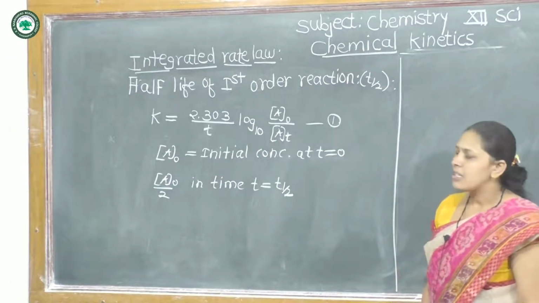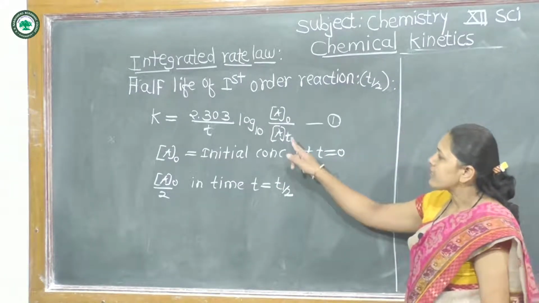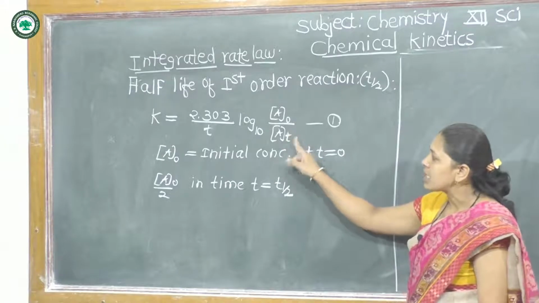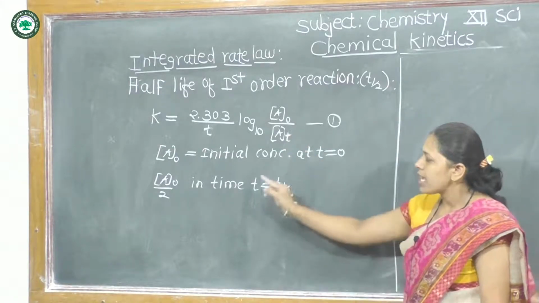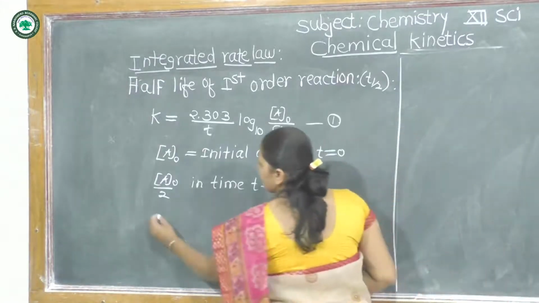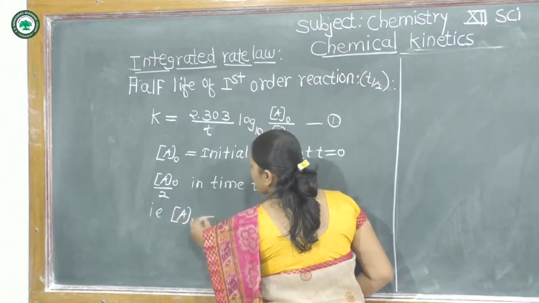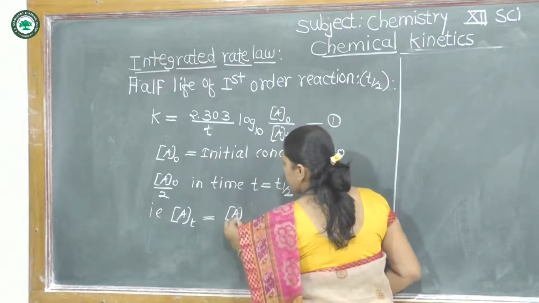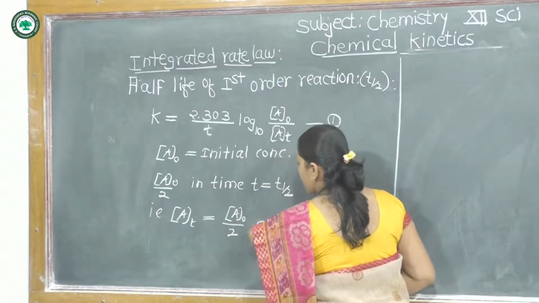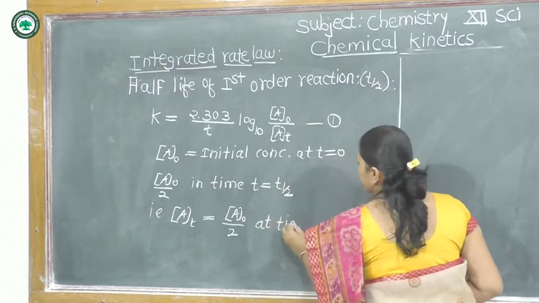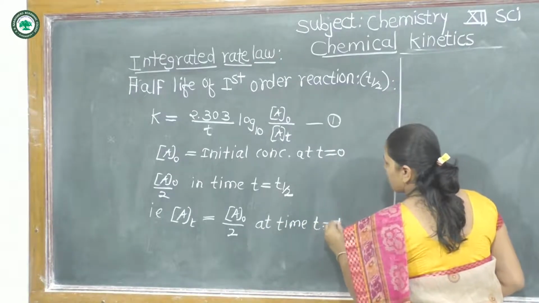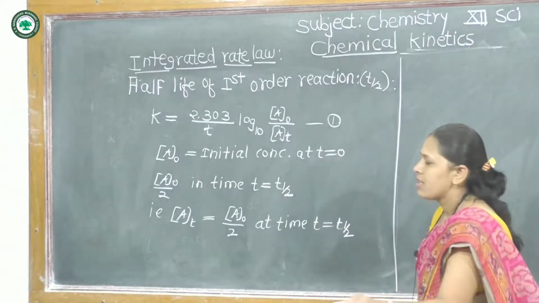That is, the concentration of reactant A at time t is equal to A0 by 2, that is, At is equal to A0 by 2 at time t is equal to t half.